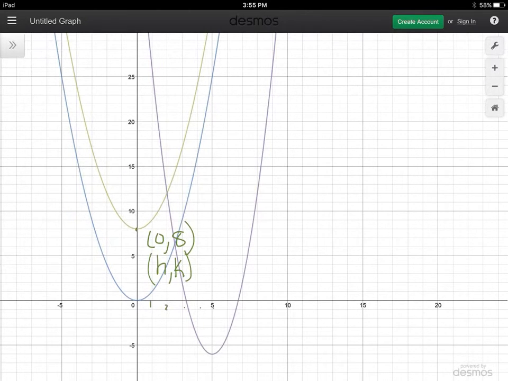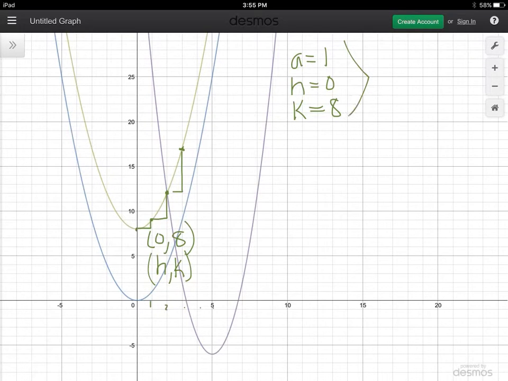So if I go over 1, up 1, from here I'm going to go over 1, up 3, over 1, up 5, 1, 2, 3, 4, 5. So from this I can tell that it hasn't stretched or compressed. It still has an a value of 1. So I know my a equals 1, my h is 0, and my k is 8.